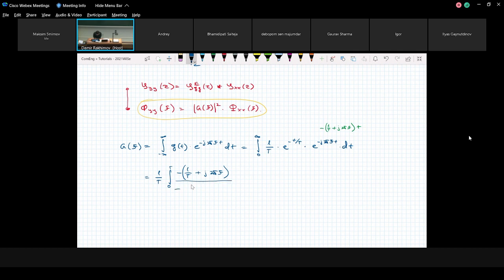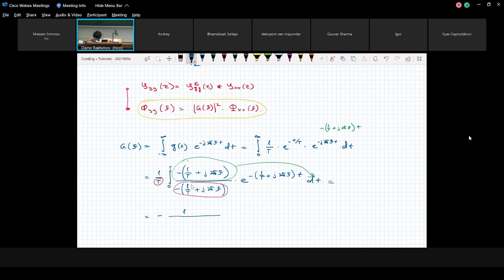We move it inside the differential, then we can write our integral, and we can combine this with the denominator.